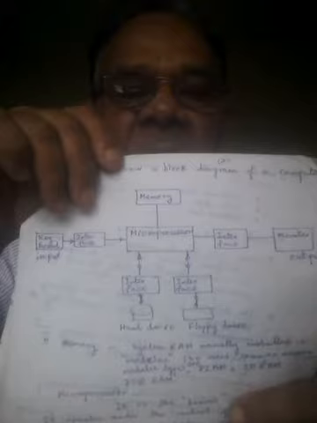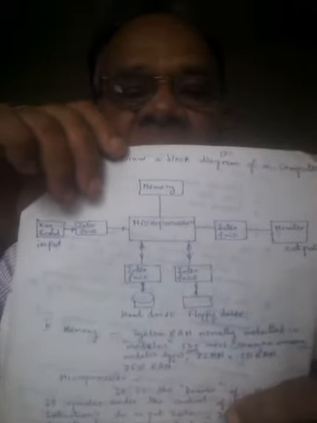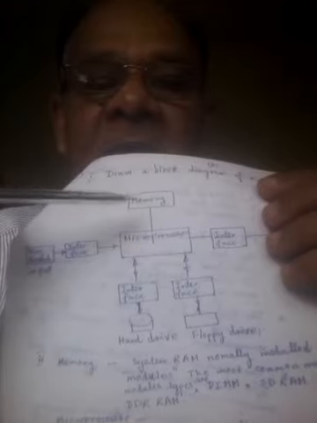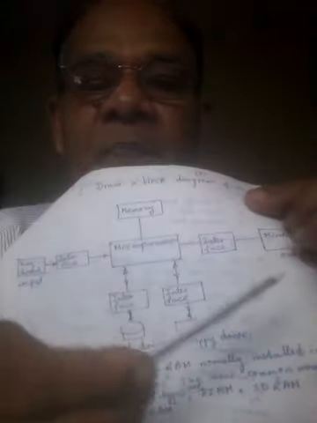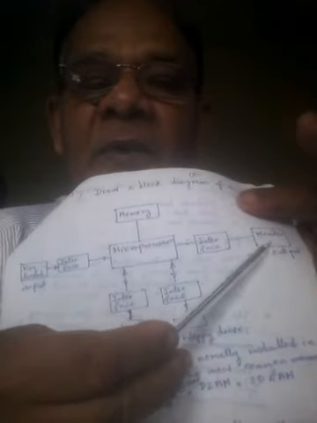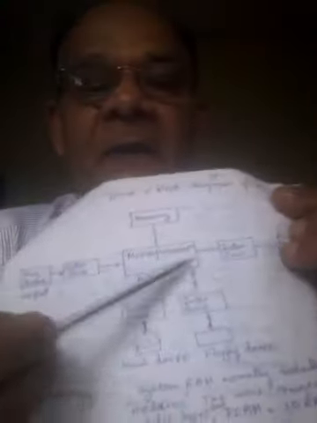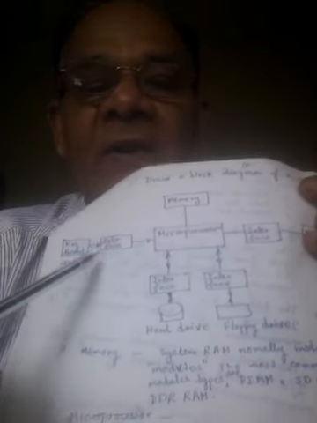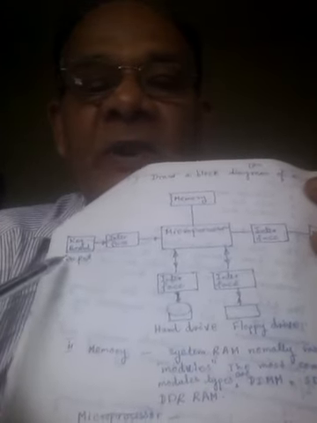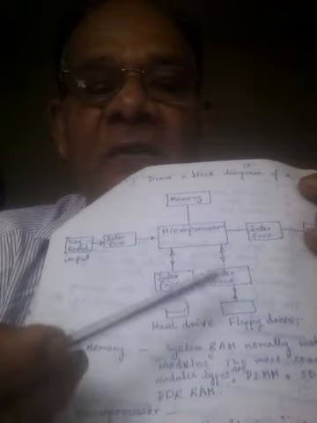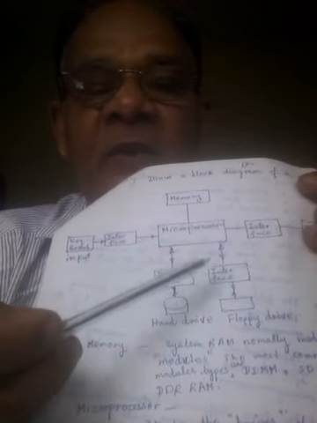The main items: you can identify the microprocessor, and this is the memory, and this is the keyboard input device. This is the interface. This is the output device, monitor, and the hard disk drive, floppy disk drive. This is our interface. Identify the arrows; both directions can be used.